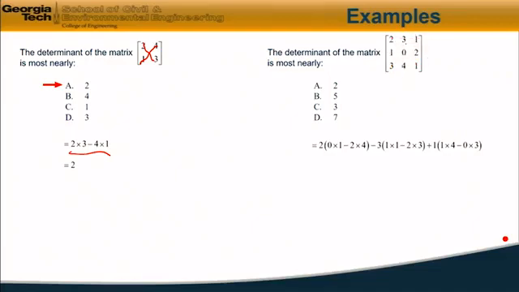Then I go to the column 3, cross out 3 and the row 2, and that is equal to minus, because the sign alternates, 3 times 1 times 1 minus 2 times 3. And finally, the column with 1 and the row with 1, cross that out, that is plus, because the sign alternates again, 1 times 4 minus 0 times 3, which is equal to 3, and so the answer is C. And this concludes our discussion of matrices and determinants.